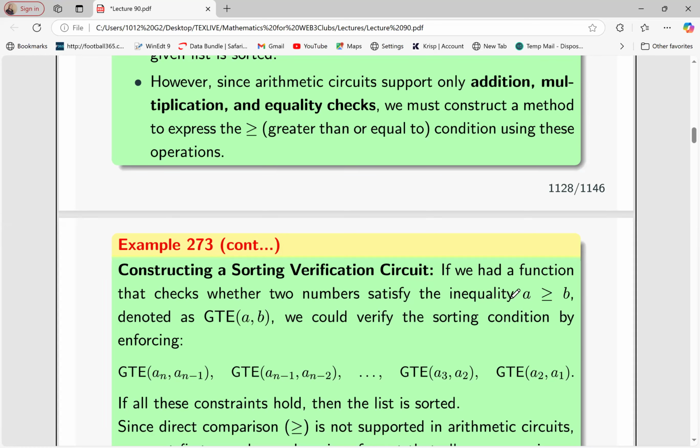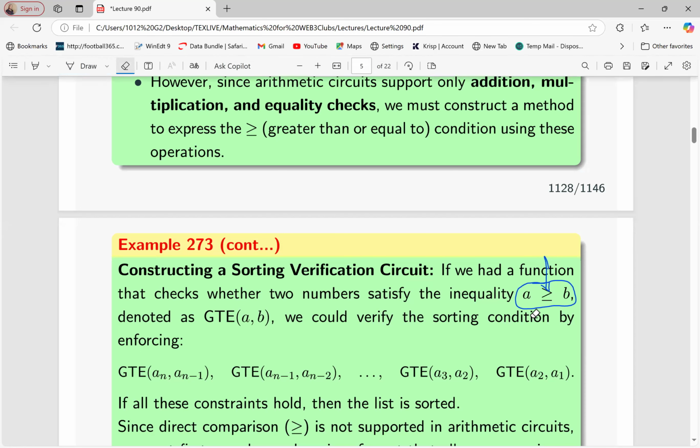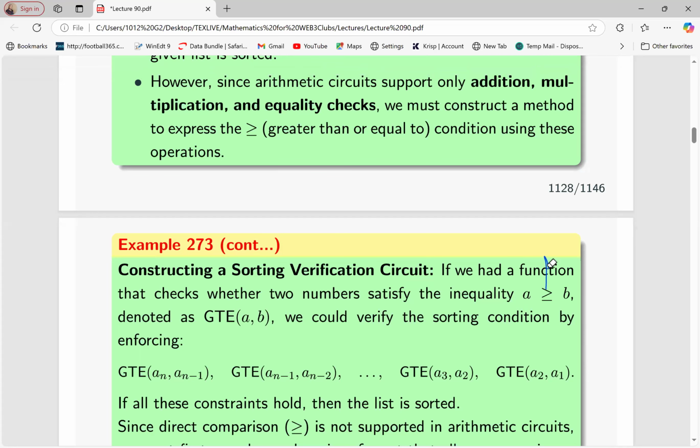So we're looking at how do we show that A is greater than or equal to B, and yet our arithmetic circuit does not have the greater than or equal to sign. So how do we go around this? Because that is the only problem facing us here. Once we solve that problem, we are done.